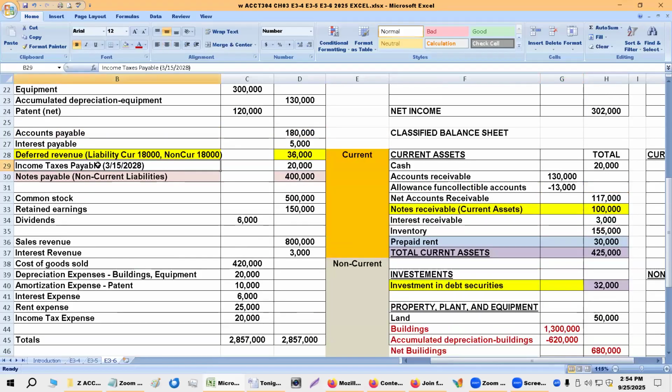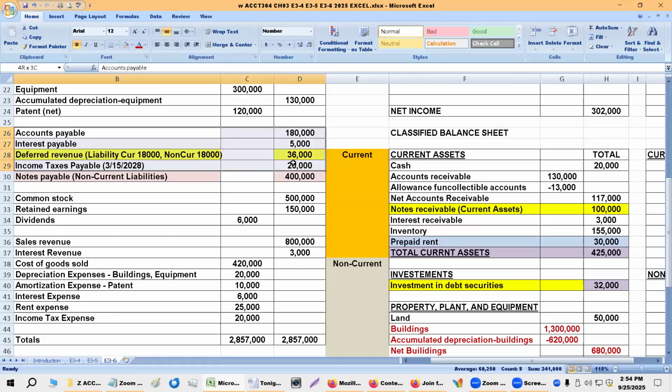Okay, so let's take a look here. Let's do all the non-current at the same time. The deferred revenue is going to be half current, half non-current, so we'll just do it once.